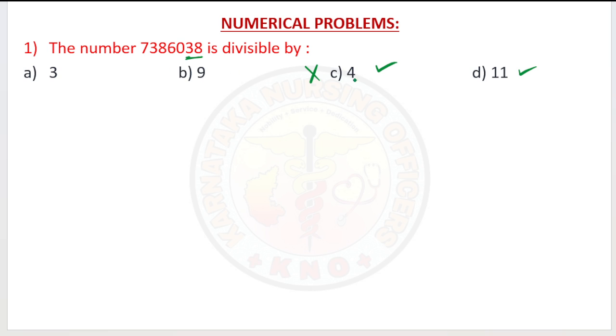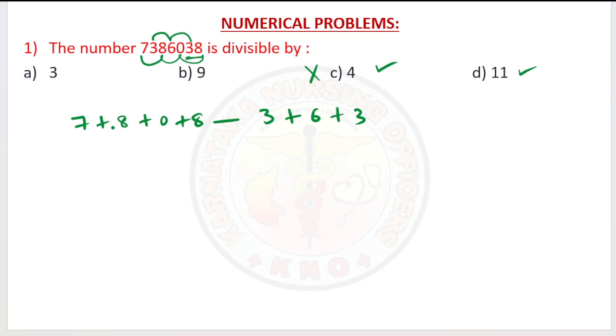This is so simple to check by the 11 rule. What is that? Add the odd place numbers, 7 plus 8 plus 0 plus 8, do the subtraction, and add the even place numbers, 3 plus 6 plus 3.